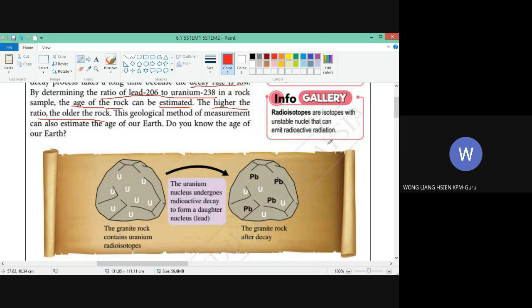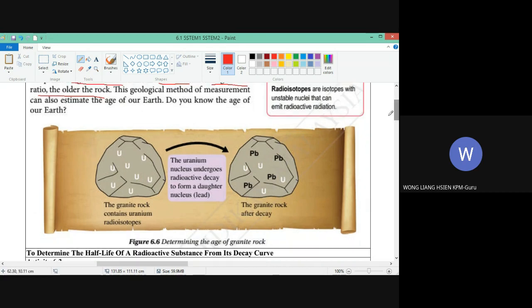Some isotopes are stable. Those isotopes of an element that are unstable, we call them radioisotopes, because they will decay and emit radioactive radiation.